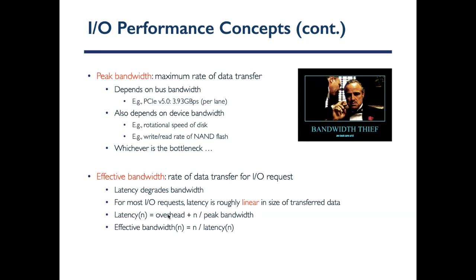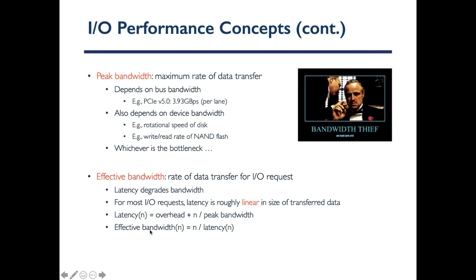So there is an overhead that you have to pay until you initiate the transfer. Once you initiate the transfer, from there, you're just going to transfer n bytes divided by your peak bandwidth. So from here on, you're just going to utilize your peak bandwidth, but you have to pay this price before initiating it. So that would be your latency.